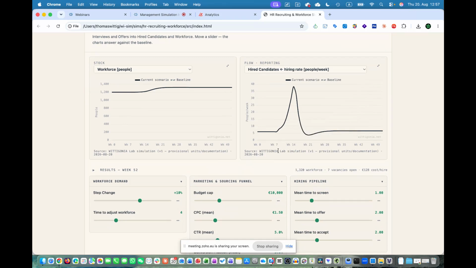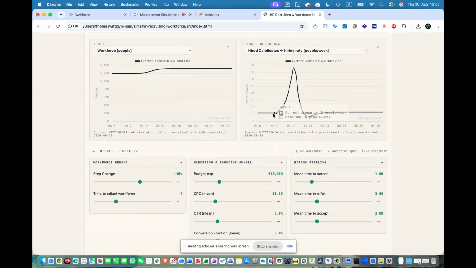Now, the interesting thing here is this is an unconstrained view, and you see the budget cap is very high. If I put that down to our budget cap situation, you see what's happening with the key stocks and flows. Let's put that to, say, 1,500 or 2,000 euros per week spent.